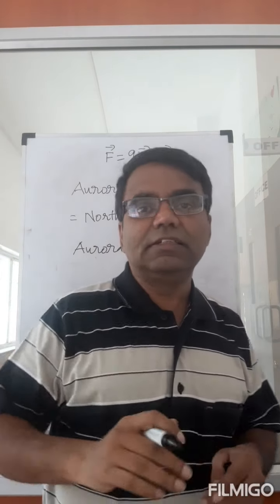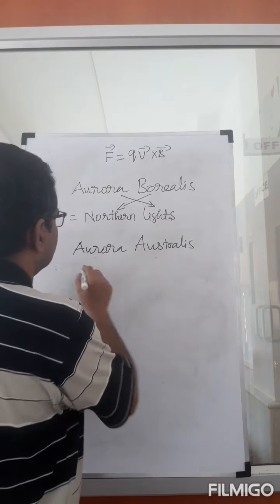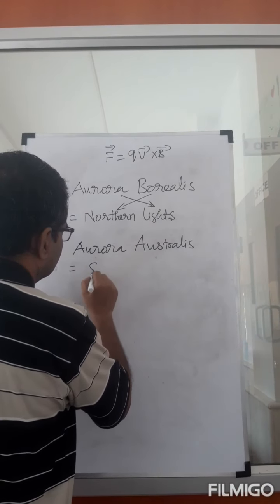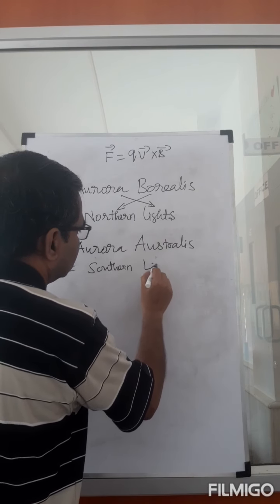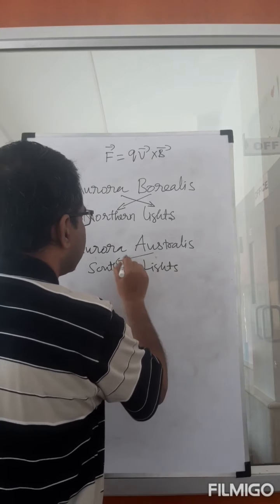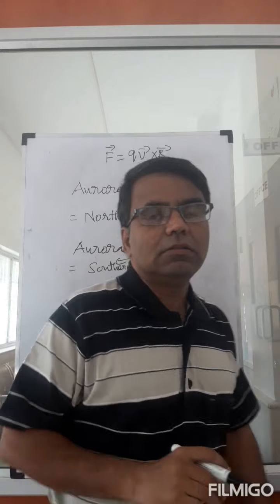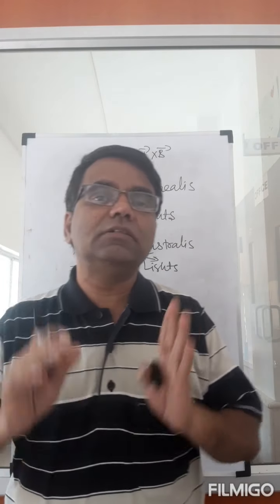This you can see in the Antarctic regions. Okay, I've given you the names, Aurora Borealis and Aurora Australis.